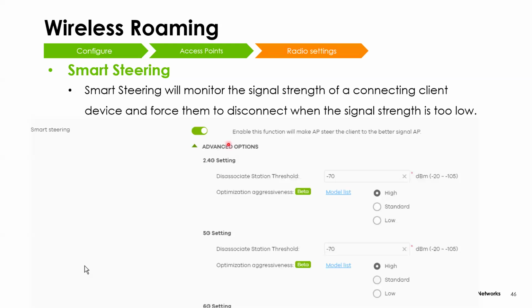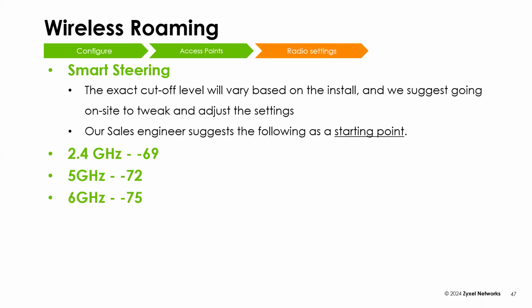You just turn that on under configure access points radio settings, and then you will be prompted to choose at what signal strength to disconnect those users. By default, it is set to a signal strength of -70, and you will need to play with it based on the types of client devices and the environment you're operating in, to kick off those users that need to be kicked off, but not start kicking off users that need to stay on.